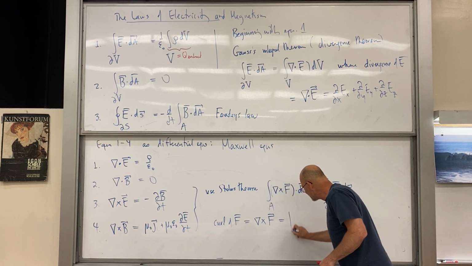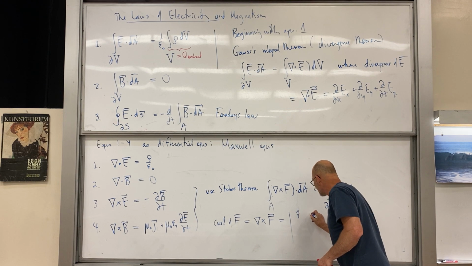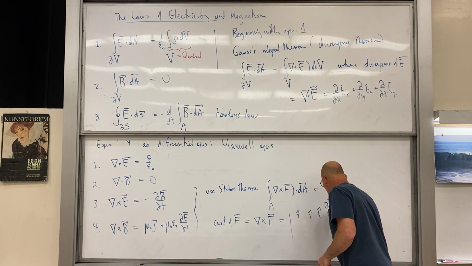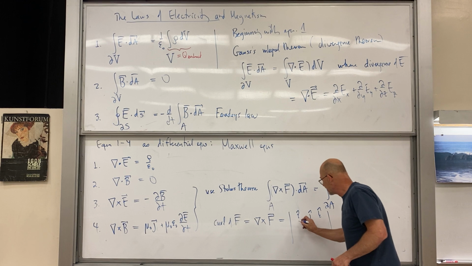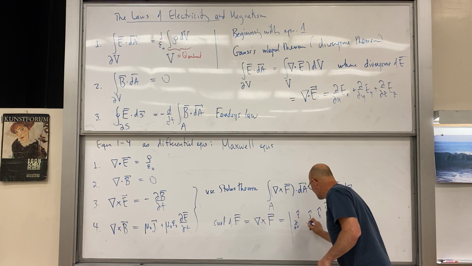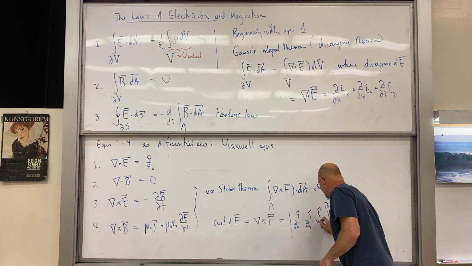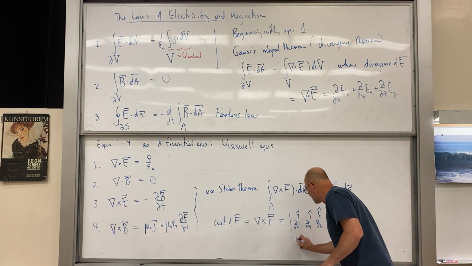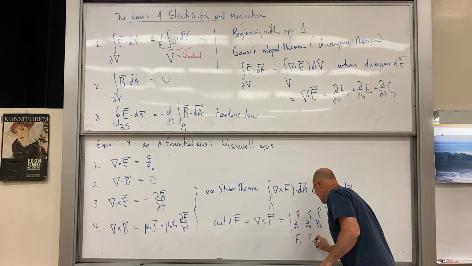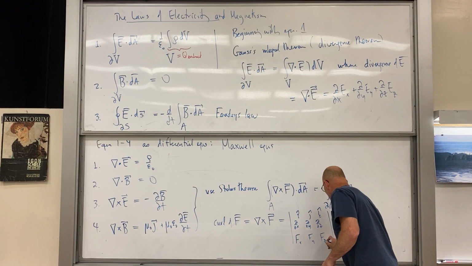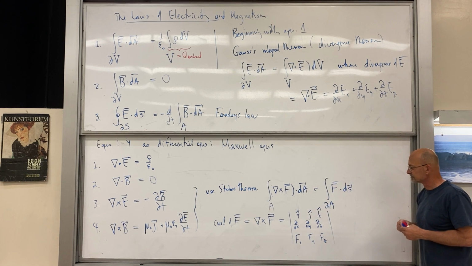And you can use i hat, j hat, k hat. You can use a determinant formalism. This would be d over dx, d over dy, d over dz, fx, fy, fz. Actually a pretty complicated object.